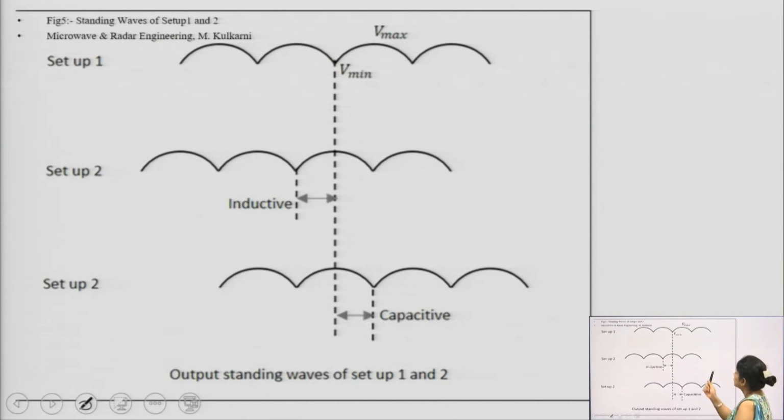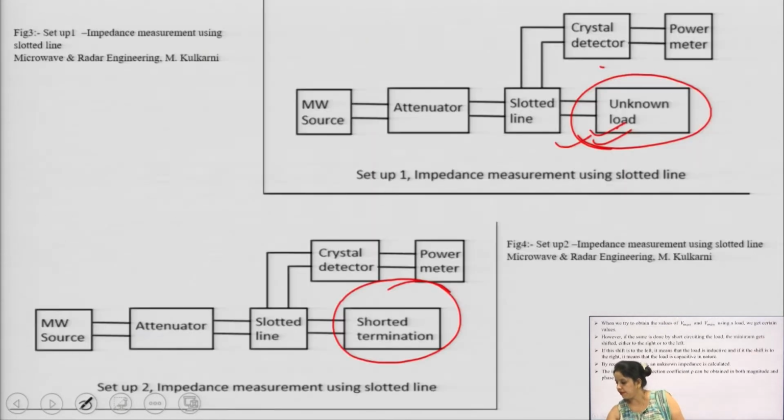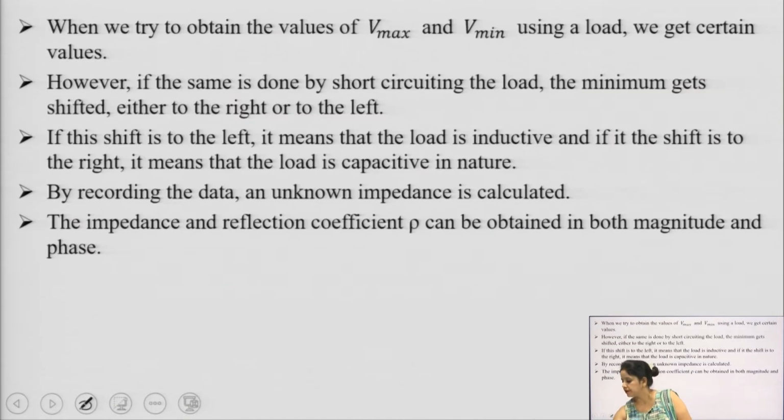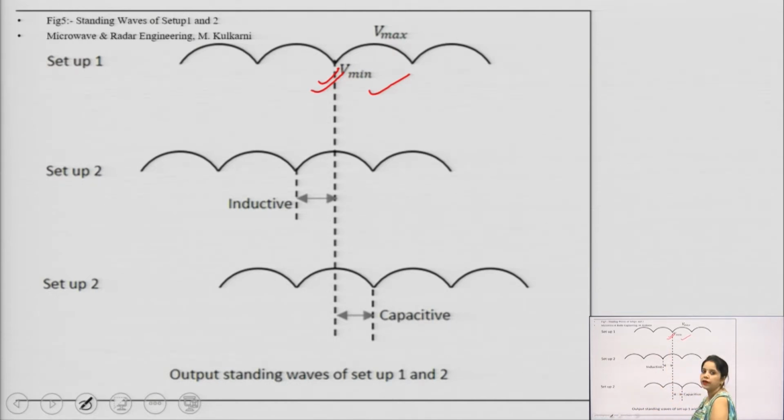First is the V min we are getting, and this is the condition for setup 1 when we are using the load ZL. In that case, this is our waveform which is received and this is our V min for example.